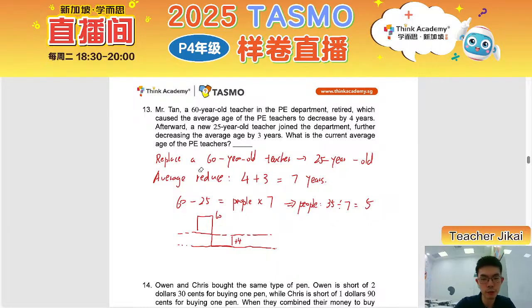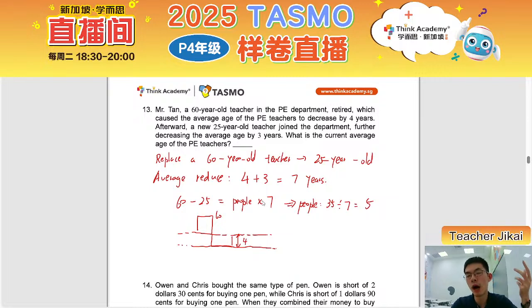Or we can just write it as the difference between this new average and old average, it is 4. So besides Mr. Tan, we also have 5 minus 1, 4 teachers. So what is the total age less than the average? 4 times 4 equals 16. So we know the ages of the other 4 are 16 less than this original average line.